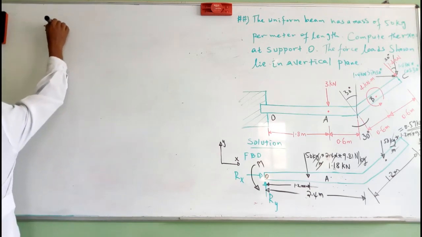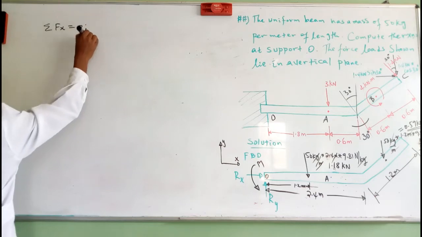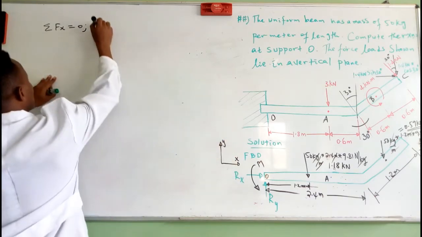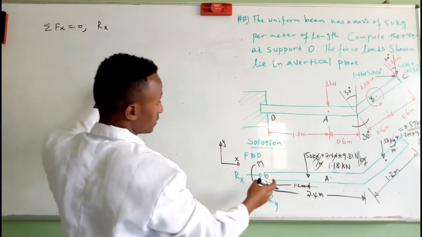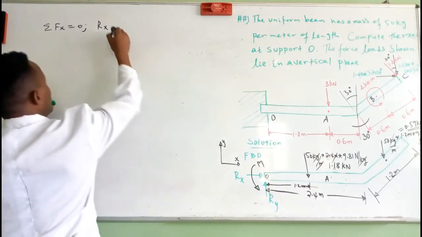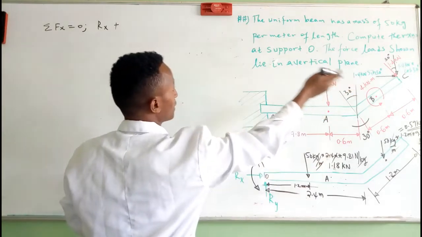Summation of force along x direction equals 0. Along x direction, Rx is positive. So the other one is now positive x direction.